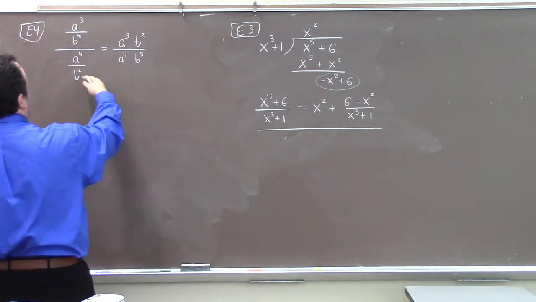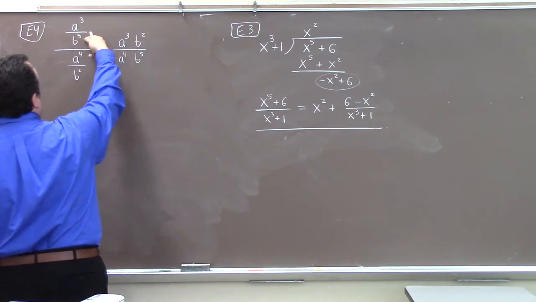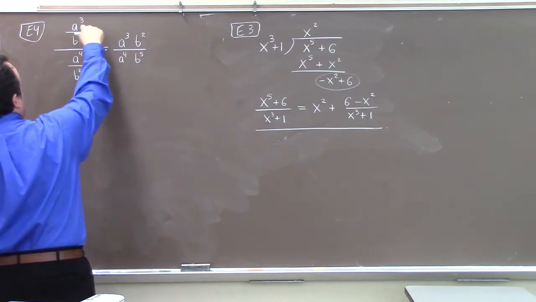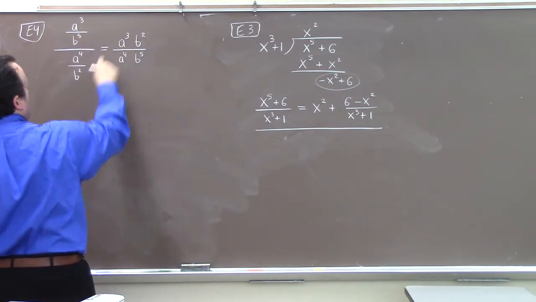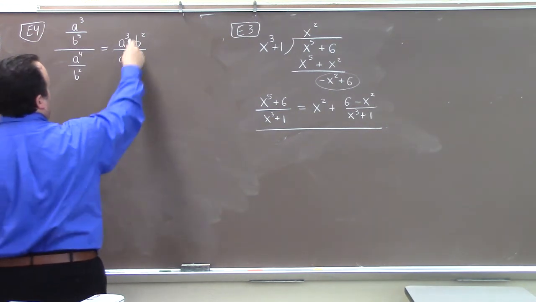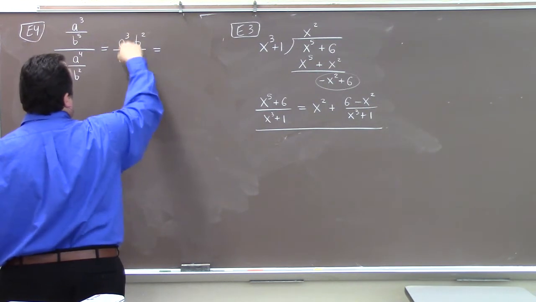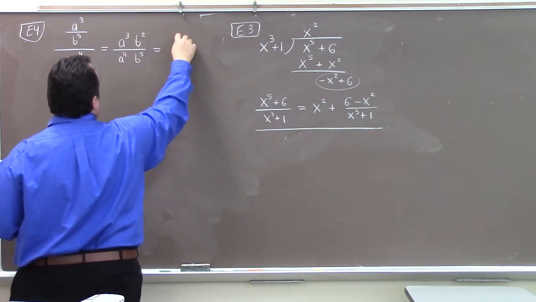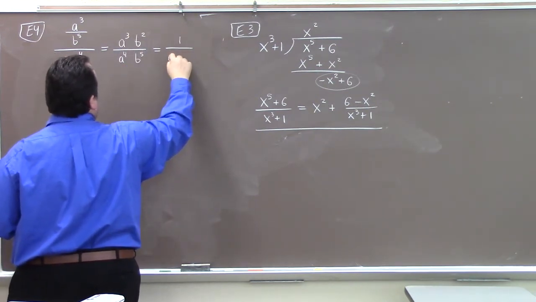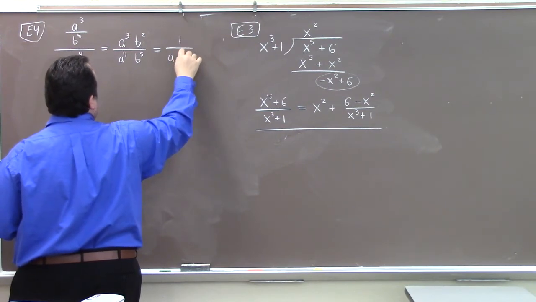So this guy moves upstairs, this guy moves downstairs, and these a cubed and a to the 4th stay put. And then, I'll keep the positive exponent. So this is going to give me 1 over a b cubed.